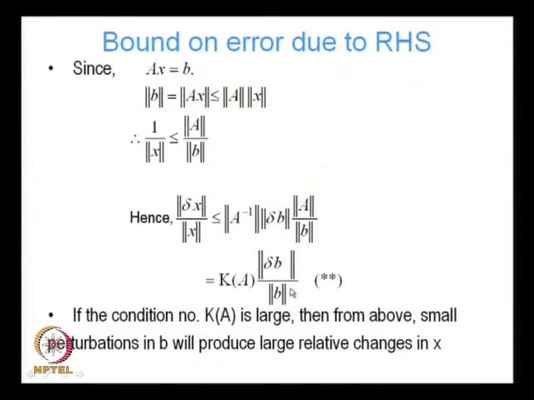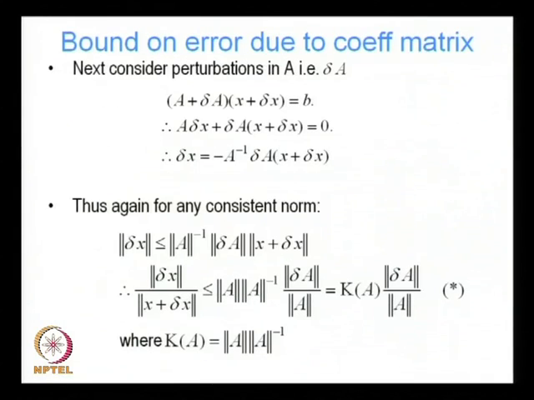So again, this shows that if the condition number of A is large, then small perturbations in B are going to give me large relative changes in x. So in both cases the condition number is crucial. In the previous case also we saw that if the condition number is large, then small changes in the coefficient matrix are going to produce large changes in the solution.